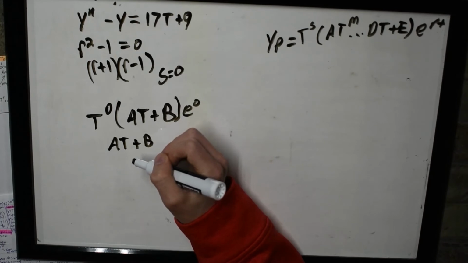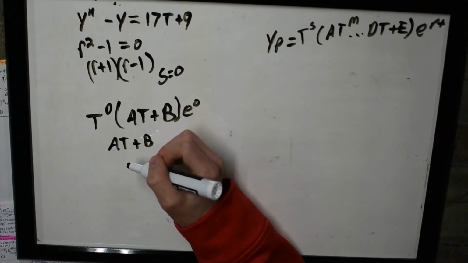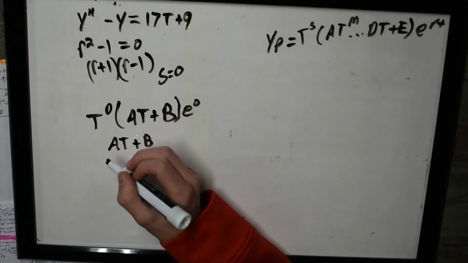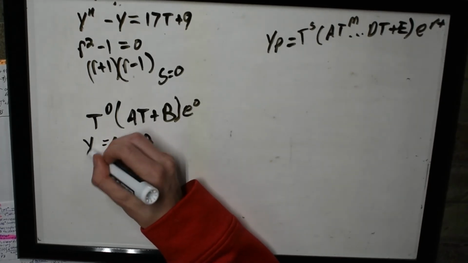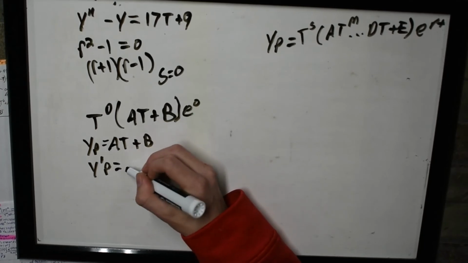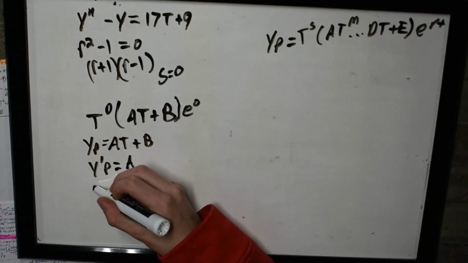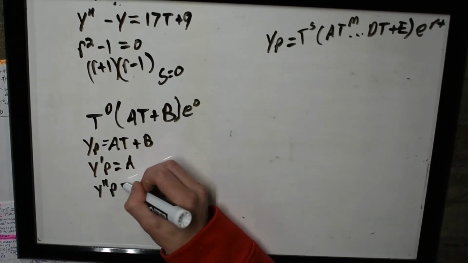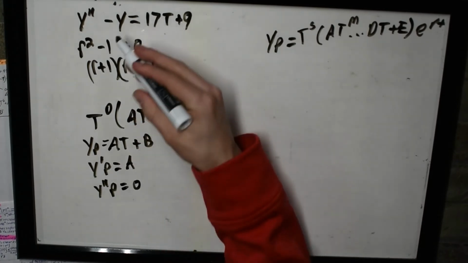And in this problem, first thing we need to do is solve for y prime. So y prime of p is equal to a, and y double prime of p is equal to 0. And we plug these in.